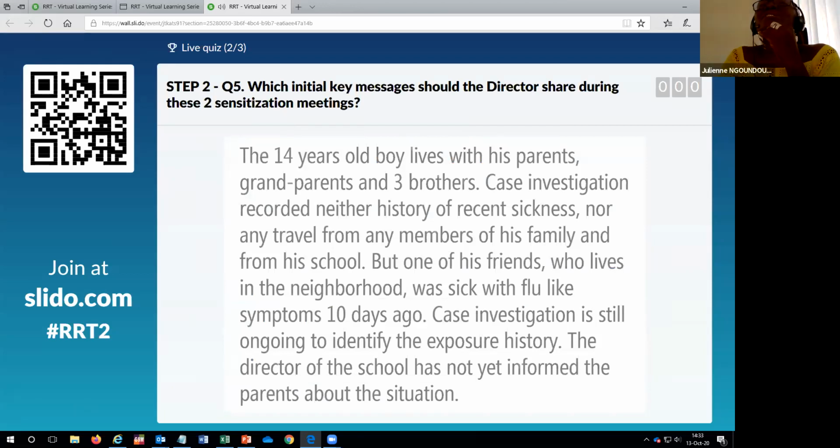The fifth and last question is, which initial key messages should the director share during these two sensitization meetings?